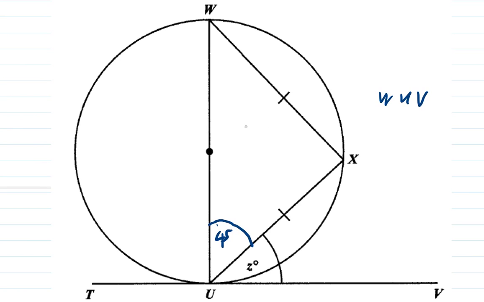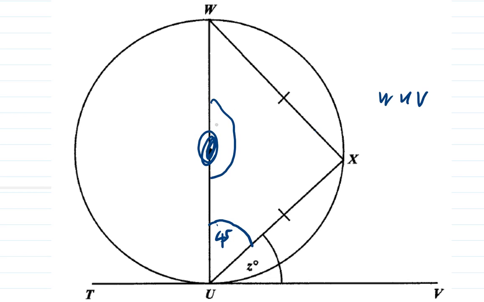The other thing is the angle subtended by a chord. In this case, the chord is the diameter WU. The angle subtended by the chord at the center right here is twice the angle subtended by the same chord at the circumference in the same segment.